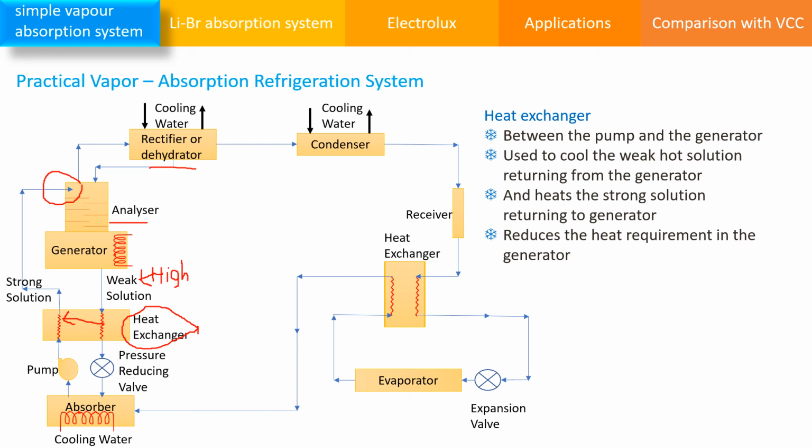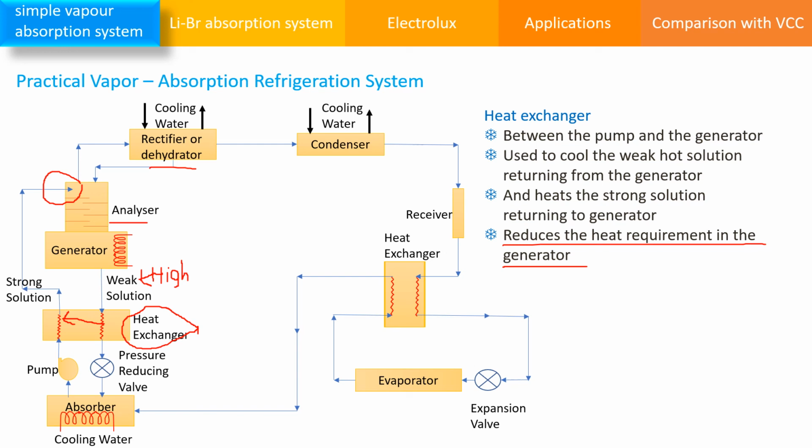So this heat exchanger reduces the heat requirement in the generator. The vapor absorption system can work on waste heat for this generator. It basically uses low grade heat energy, so it can be used for regeneration and on waste heat. So this is effective.